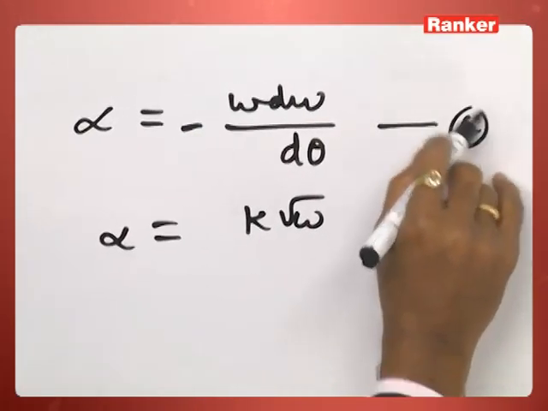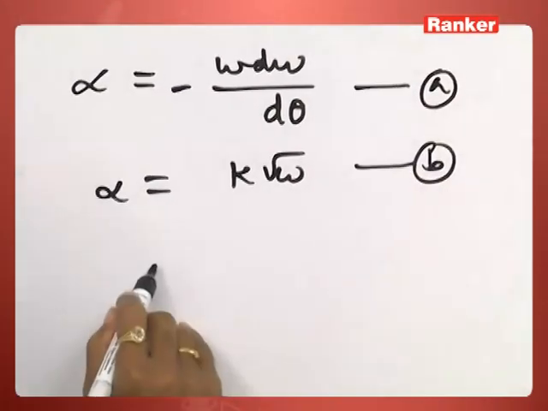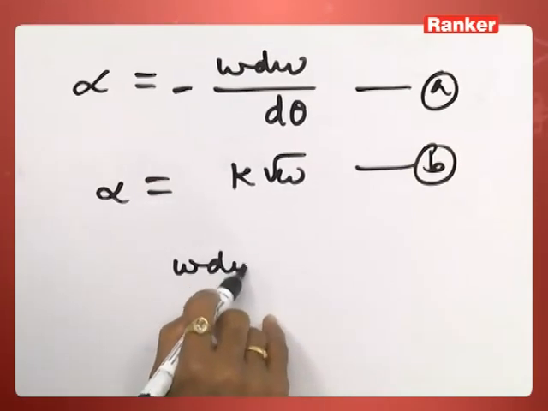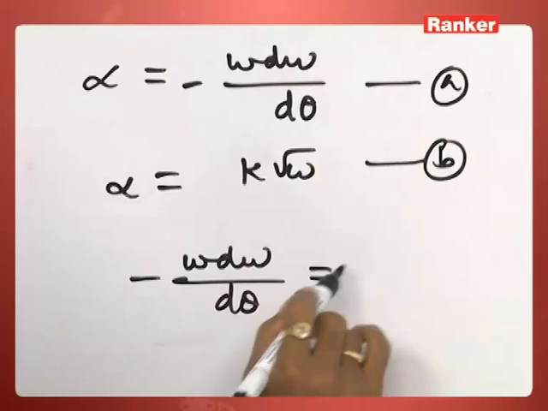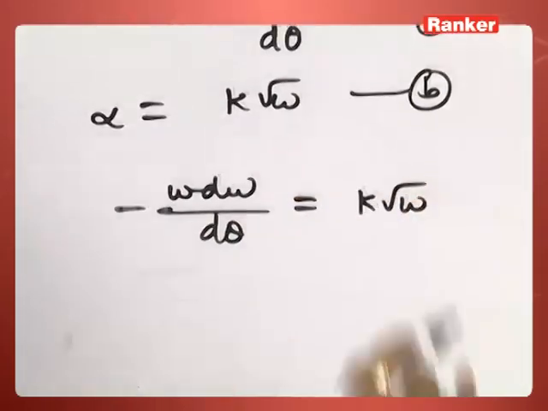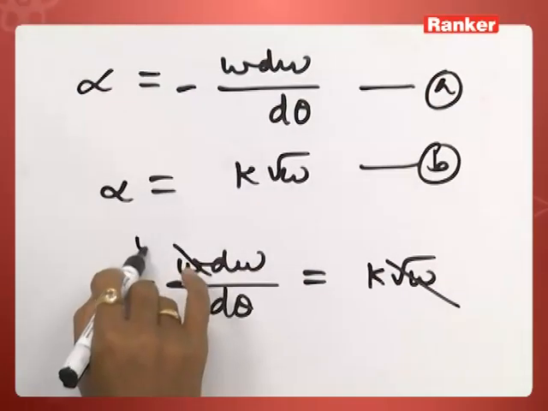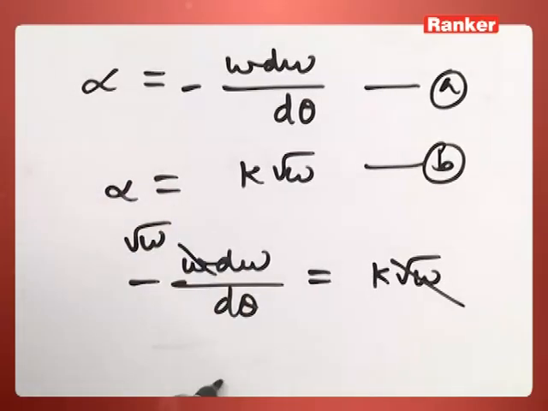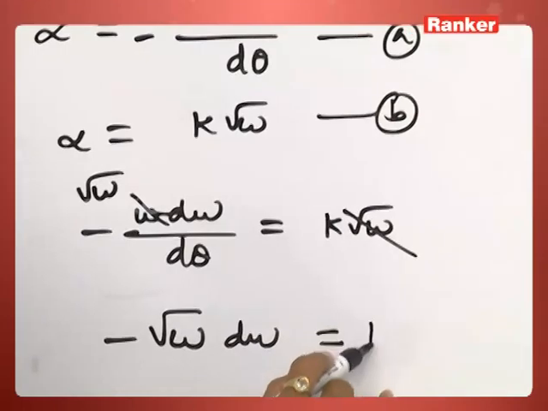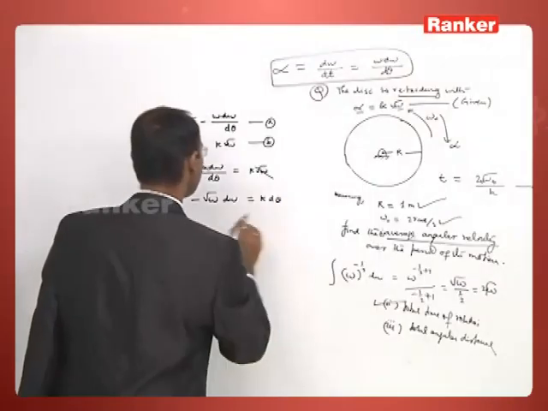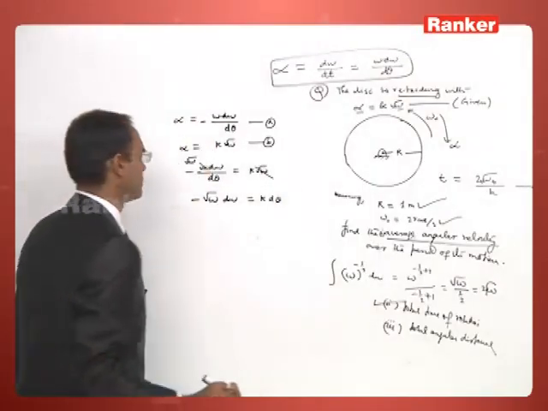Using these two equations, we can write negative omega d omega by d theta equal to k square root of omega. This will get cancelled, and you will get square root of omega d omega with a minus sign equal to k into d theta. This is the separation of variables.